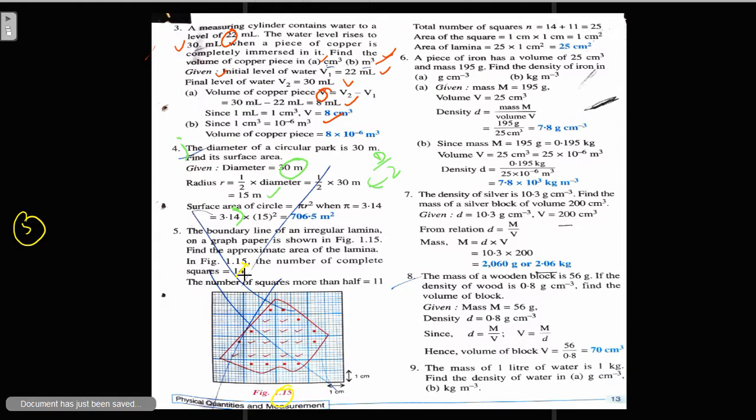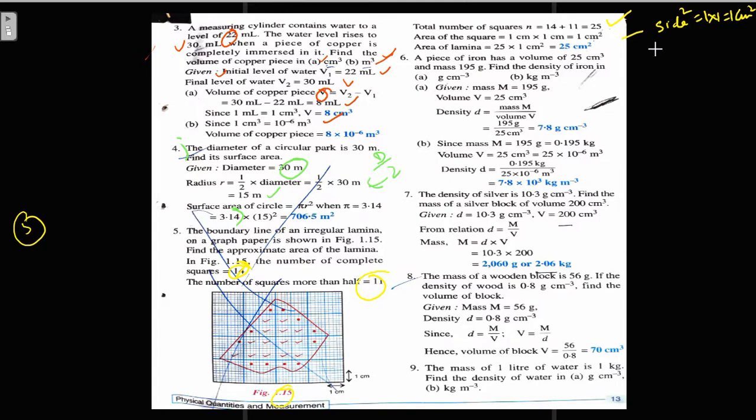We have learned earlier, the area would be the total number of squares, n equal to 25. Area of a square is side square, equal to 1 into 1 equal to 1 centimeter square, right?